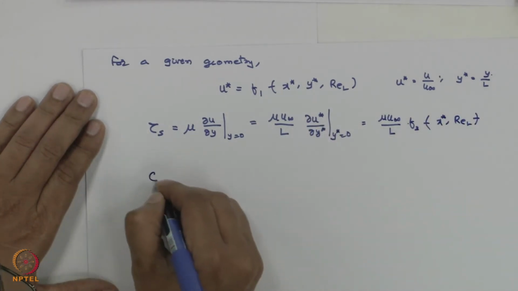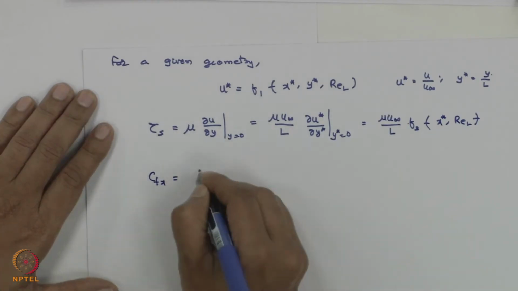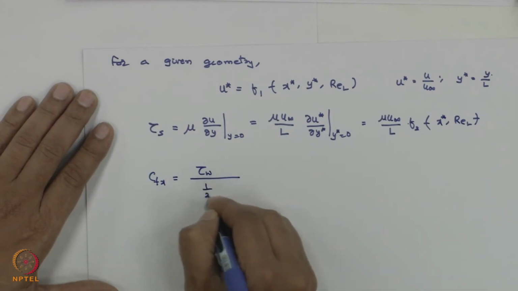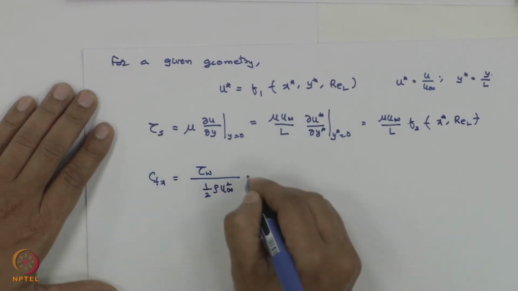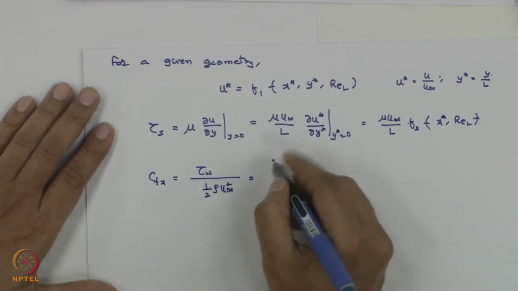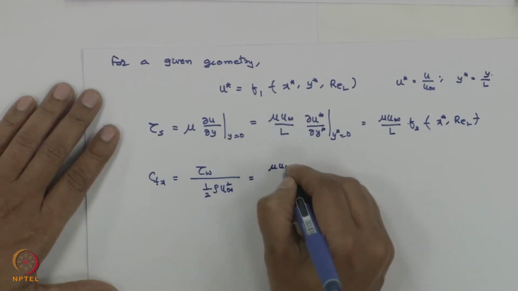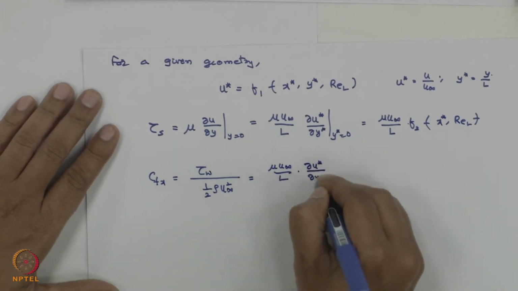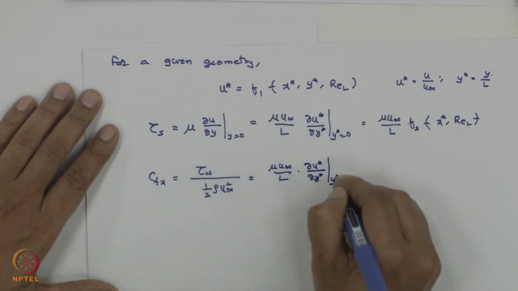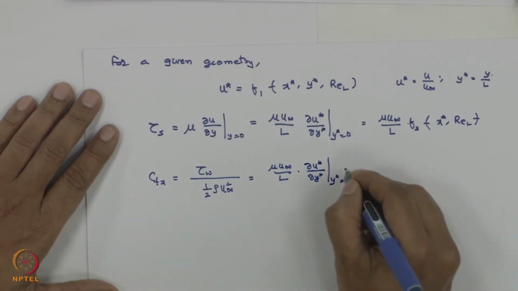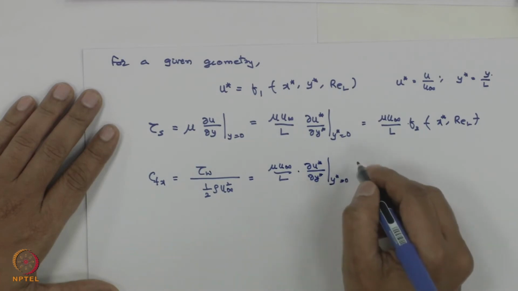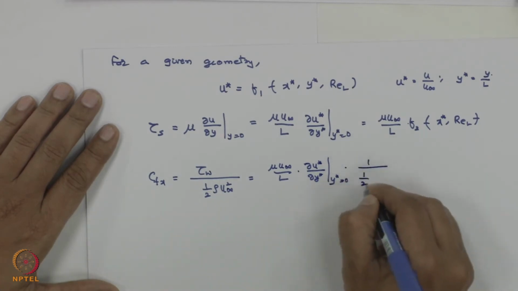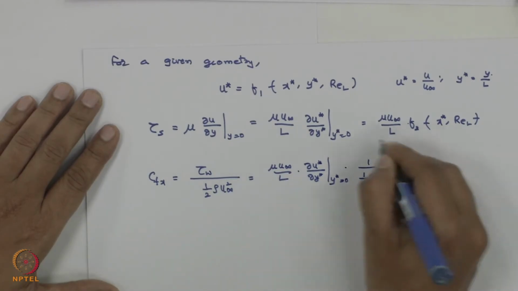So, then Cfx is given by tau wall or tau S upon half rho U infinity square, which is equal to mu U infinity by L del U star upon del Y star at Y star equal to 0, into 1 upon half rho U infinity square. I can replace this with this function.